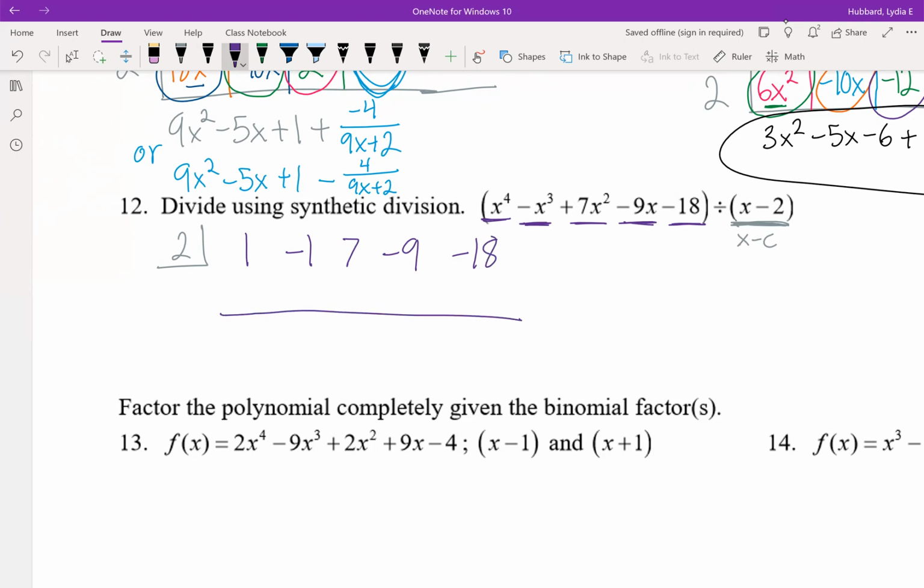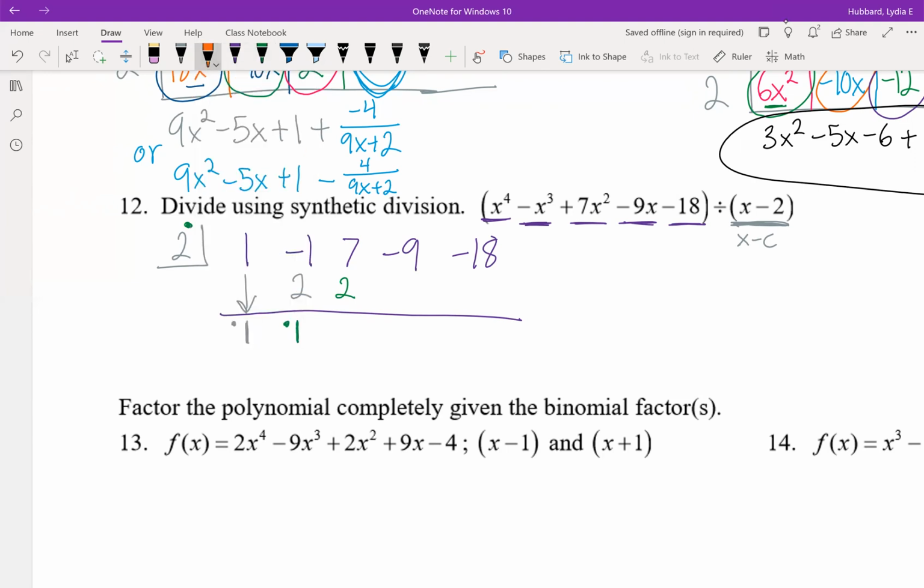And then we're going to go ahead and divide. So we always bring down our first number, which is 1, and then we multiply 1 times 2, which would give us 2. Then we add straight down. So -1 plus 2 is a positive 1. And we repeat: 1 times 2 is 2. We add straight down there.